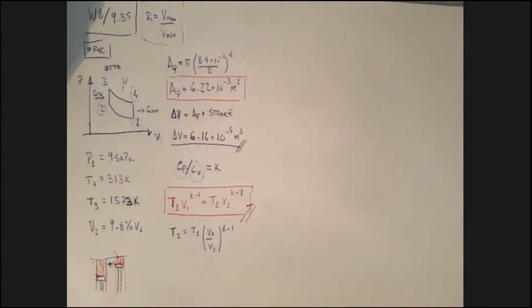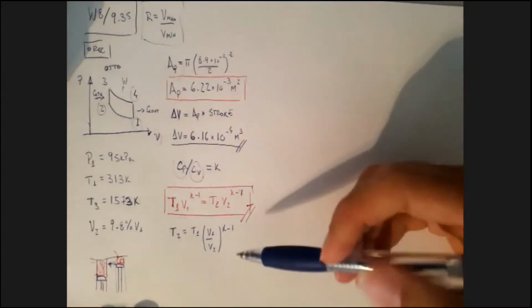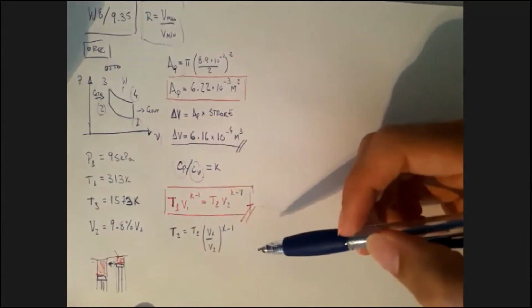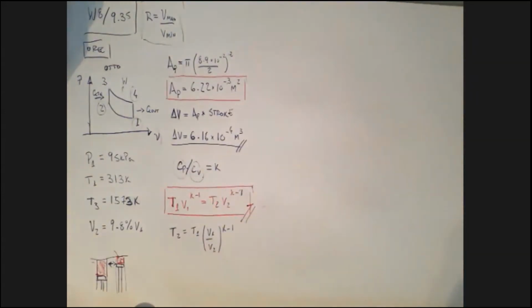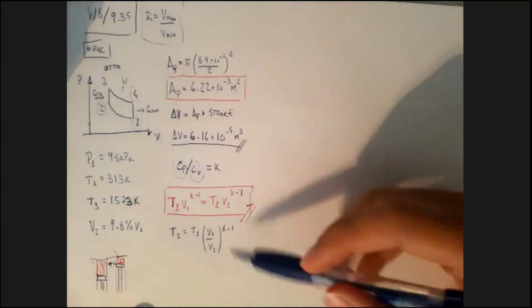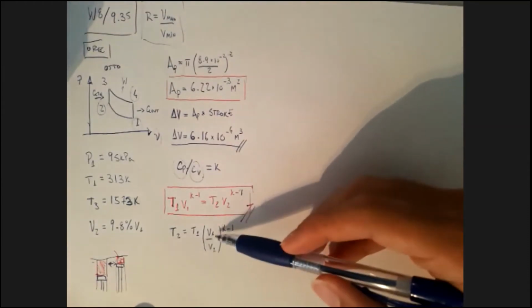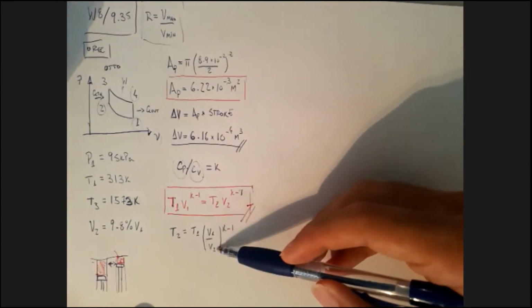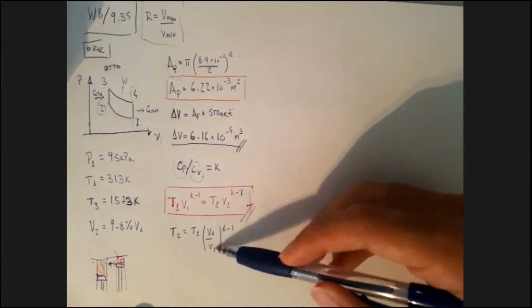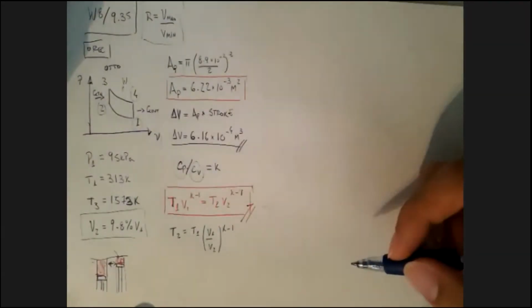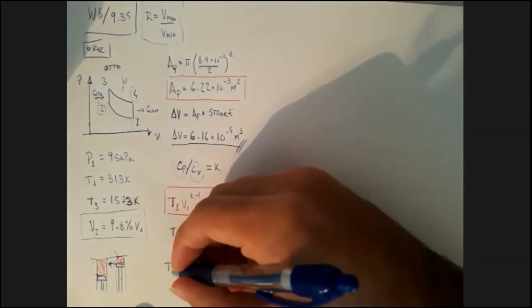All right. So we have T1, it's 313. We have the K, it's 1.4. And then V1 over V2, we don't have either V1 or V2 at the moment, but we know there's a relationship between them, so I can sub in that.